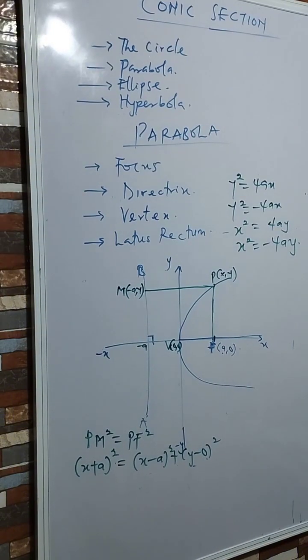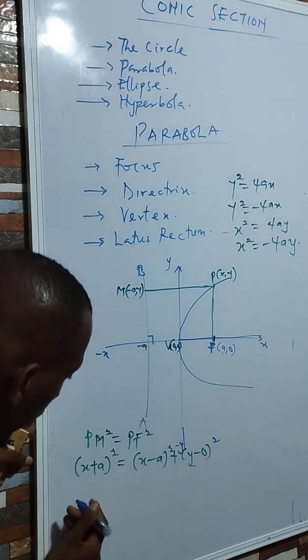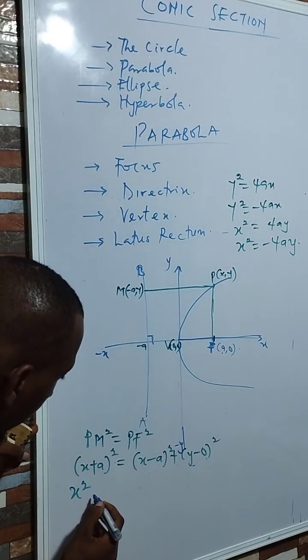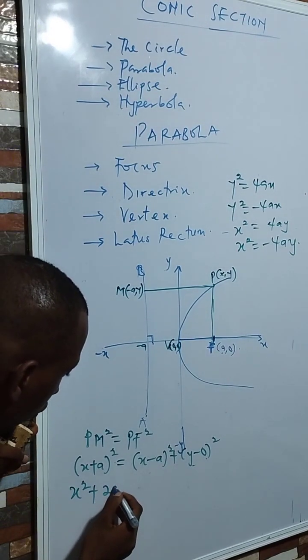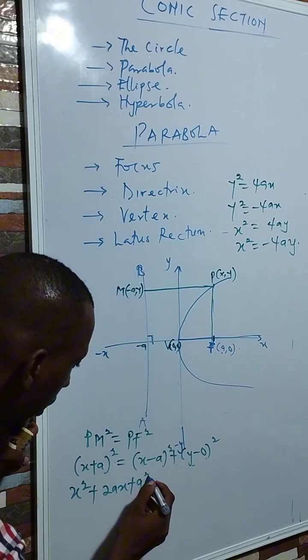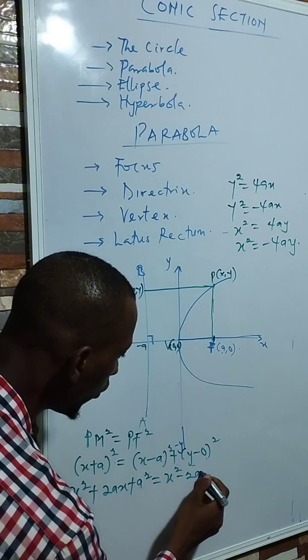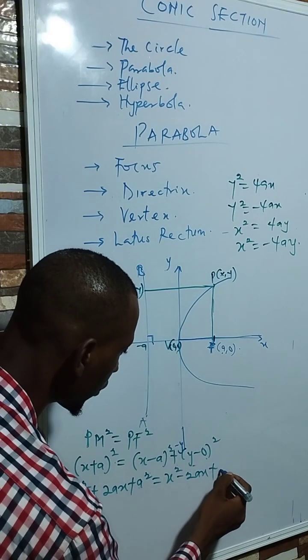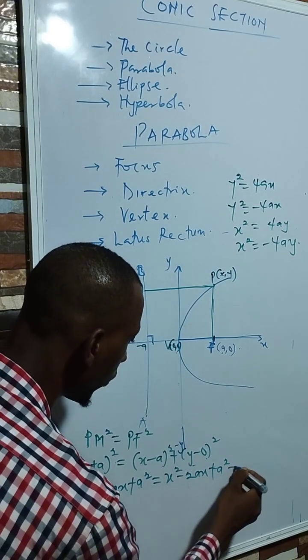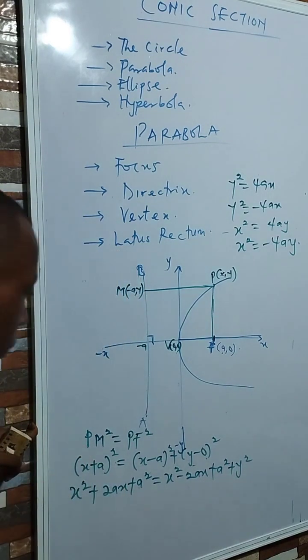Looking at this carefully, you will observe that if I expand this, we are going to have x square plus 2ax plus a square equals x square minus 2ax plus a square plus y square.